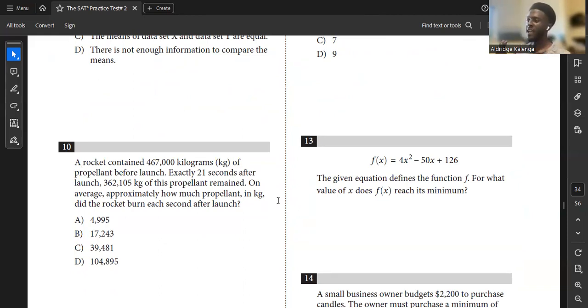Okay, so 4x squared minus 50x plus 126. The given equation defines the function f. For what value of x does this function reach its minimum? All right, let me see what you guys got for this one. There's a simple way to solve this question, actually. You guys let me know what you got when you get it.